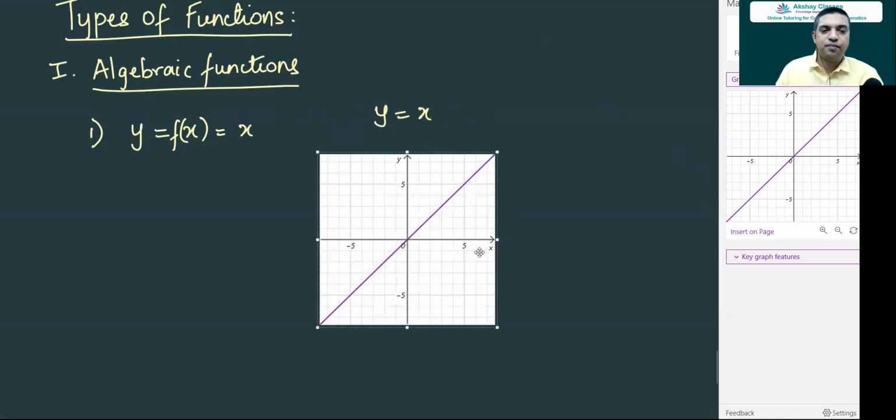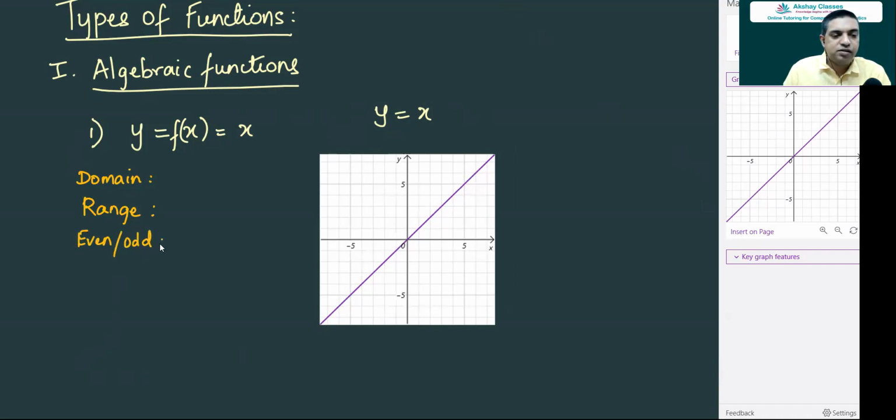So there's the graph of y equal to f of x. Now tell me these things. What is the domain of this function? What is the range of this function? Whether it is even or odd? Is it periodic?